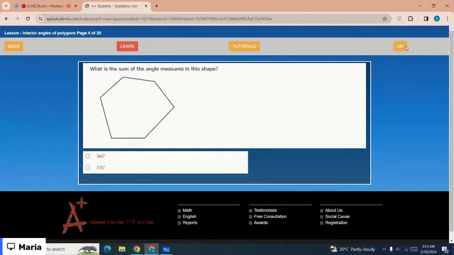Which is the correct option? That is a six-sided shape, right? Yes, that is 720 degrees.